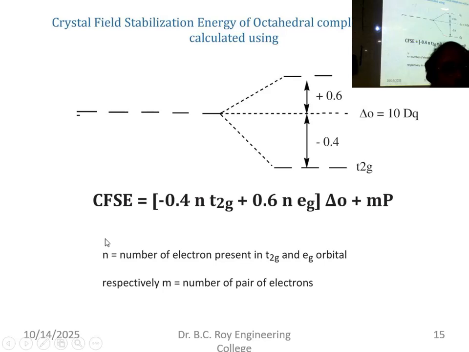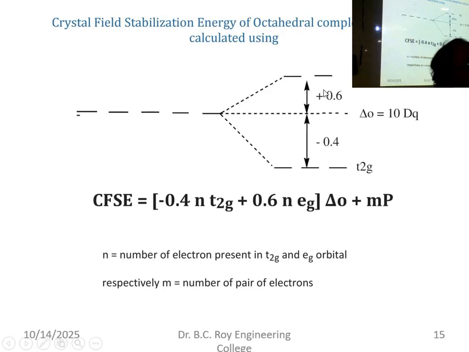Let's take an example. Here we have the T2g and Eg levels. This is minus 0.4 delta O and this is plus 0.6 delta O. I can explain why as an energy balance. This has come down, and there are 3 levels, so minus 0.4 into 3 is minus 1.2.